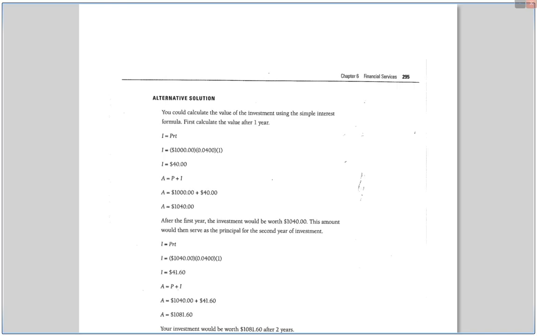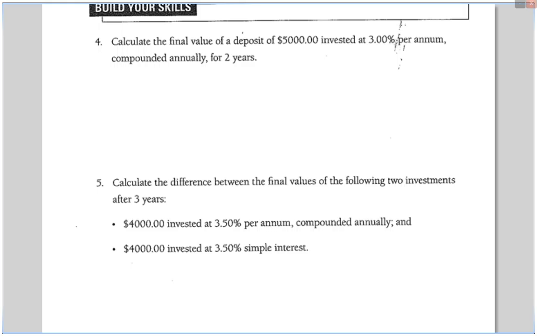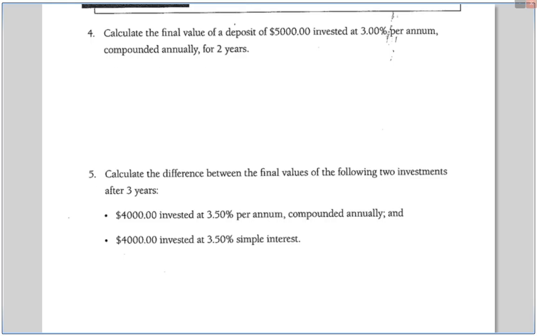All right, let's take a look at the first question. Number 4, calculate the final value. So what are we looking for? A, P, I, N, what is it? Final value is A. So that's what we want.